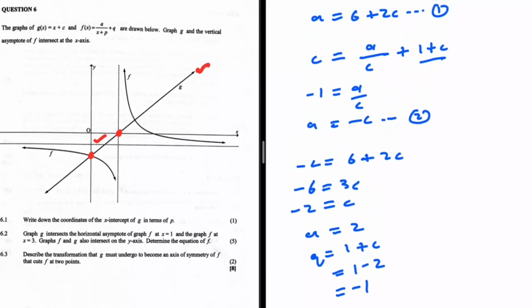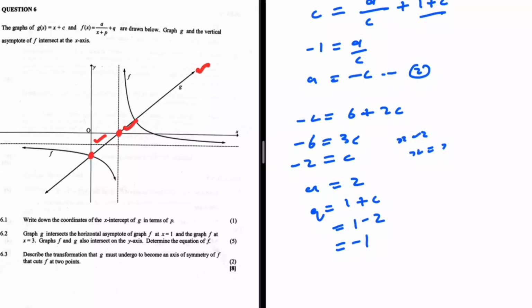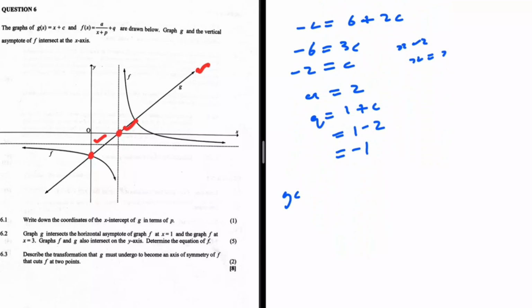And then p, we found p to be equal to... Oh, p is equal to c, so we found p to be equal to minus 2, of which we're going to have x minus 2, right? And then we get x equals 2, which makes sense to be there. So it seems like everything is good. G of x is equal to 2 divided by x minus 2 minus 1. Right, we're supposed to find, not g of x, but f. I'm sorry for that. We're looking for f, actually.